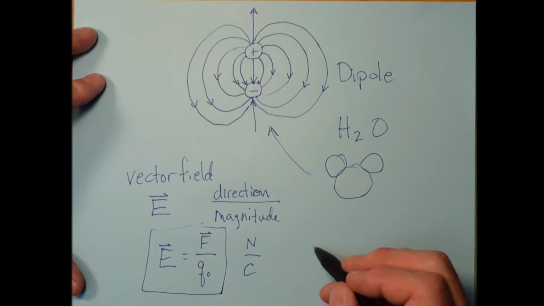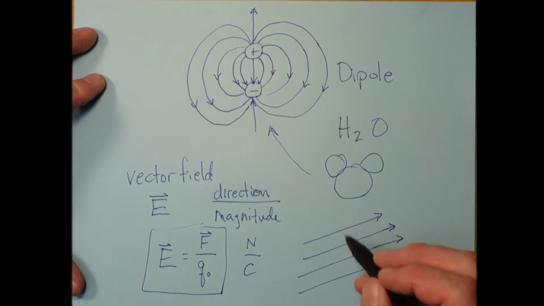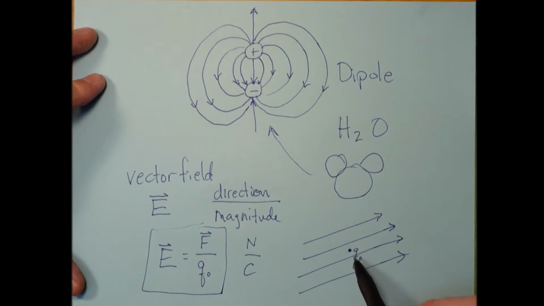So what does that mean? That means that if you have an electric field, let's say a uniform electric field, and I put a point charge right there. That point charge is Q naught. That point charge is called a test charge. That's why it's got that little subscript 0 on it, because it's meant to be a small charge, a small quantity of charge.